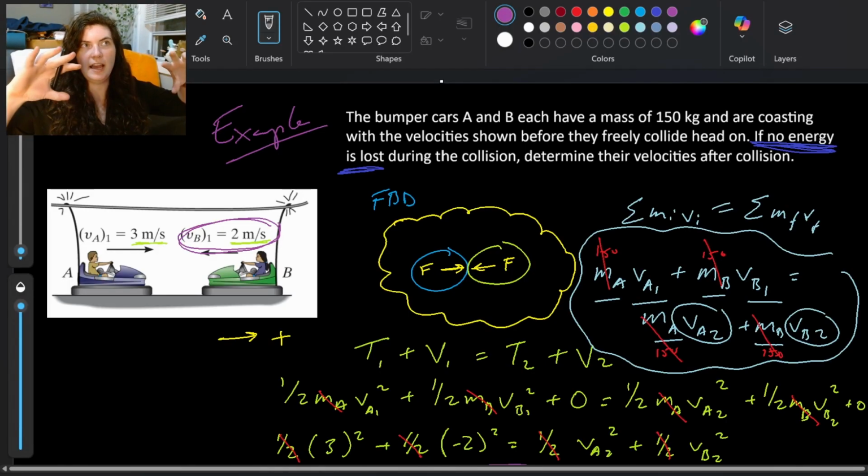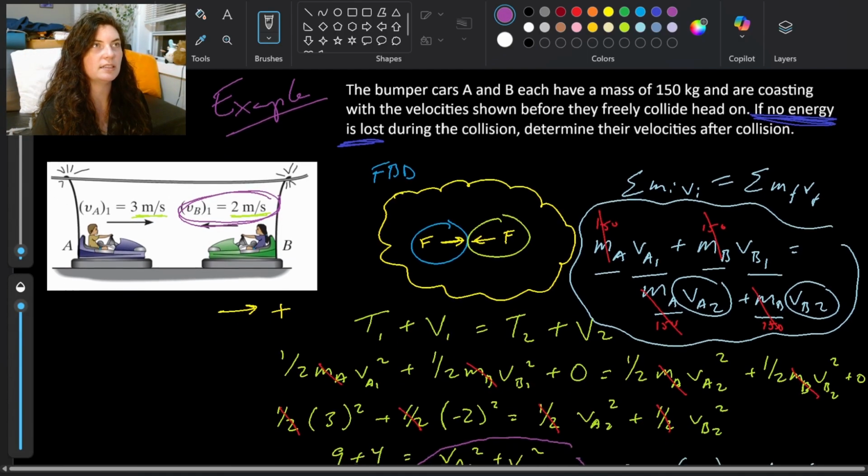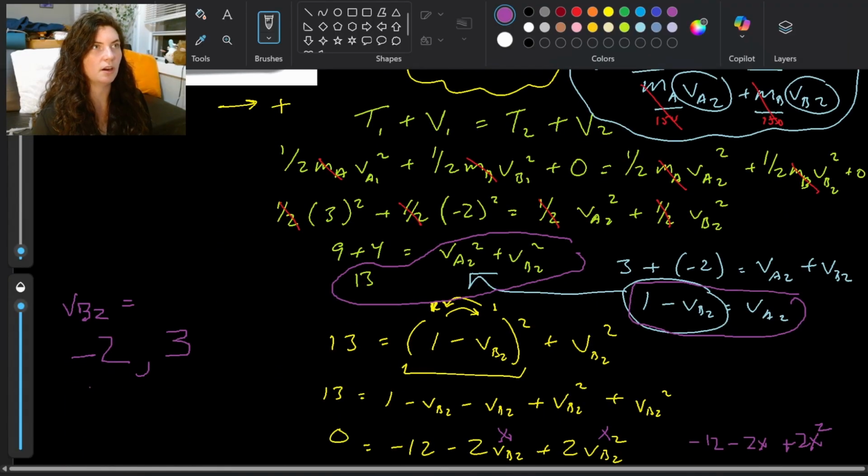Because it's not like VA and VB are phasing through each other and just moving straight ahead. Instead, what this tells us is that this was our initial VB, and this is actually our final VB. VB2 is 3 meters per second.